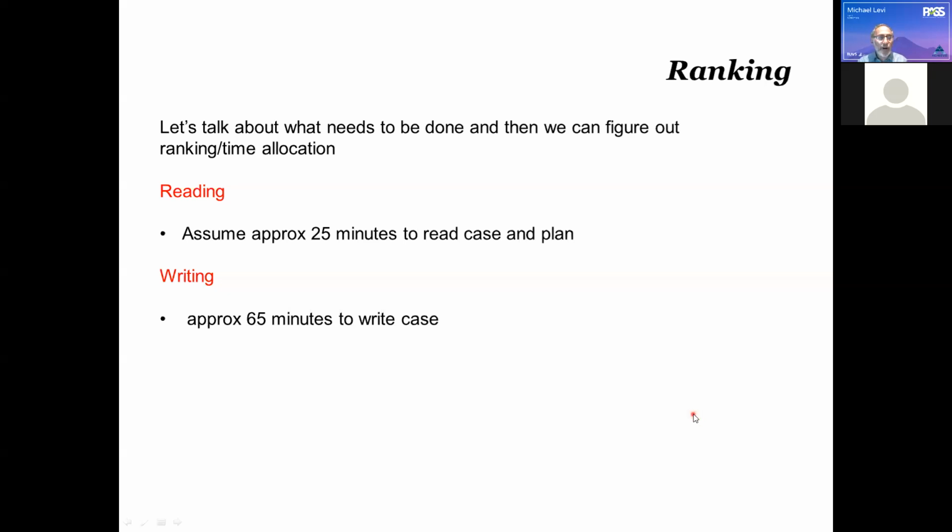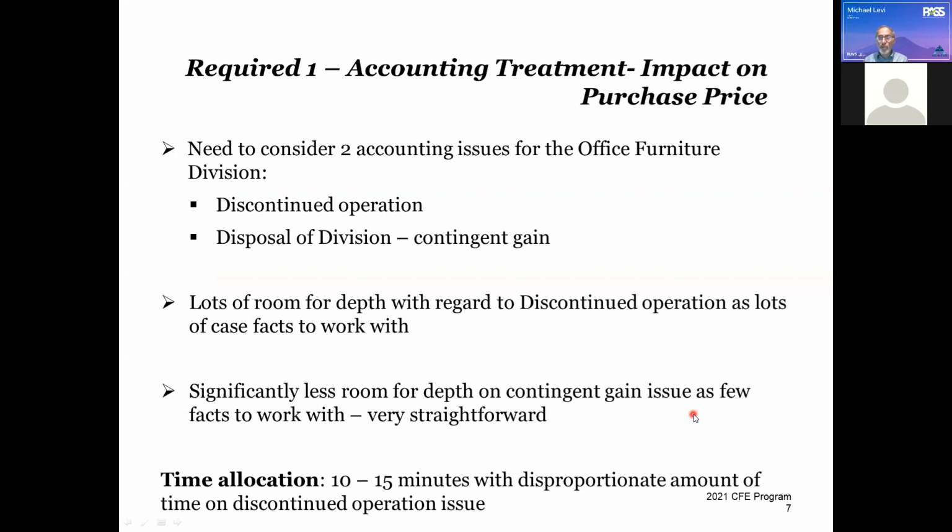Let me show you how I would have broken down my time between the requireds based on my ranking. The first required was basically dealing with the accounting treatment for the discontinuance and disposal of the division. And there were really two issues that arise. One is the issue of a discontinued operation. Is the office division a discontinued operation?